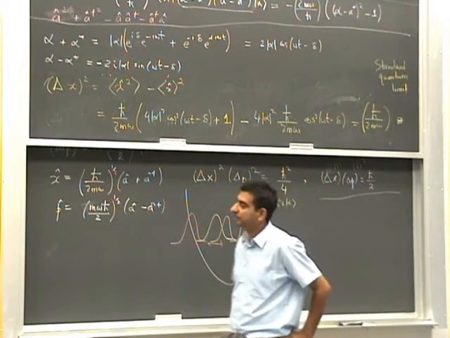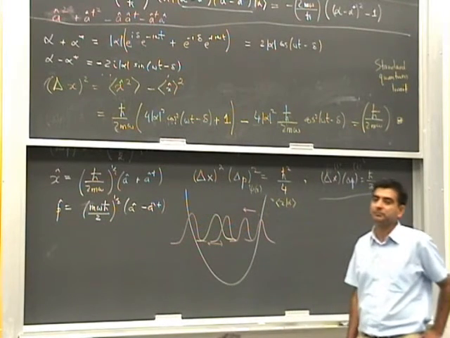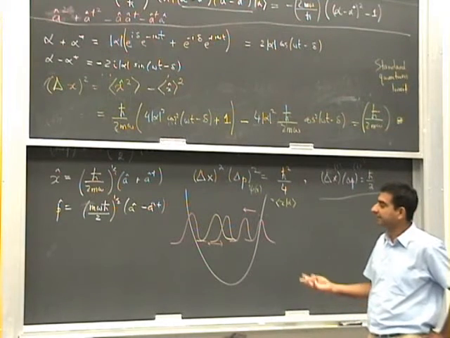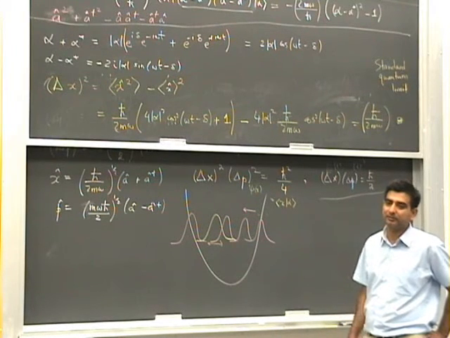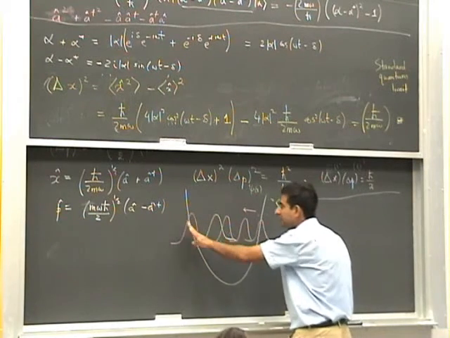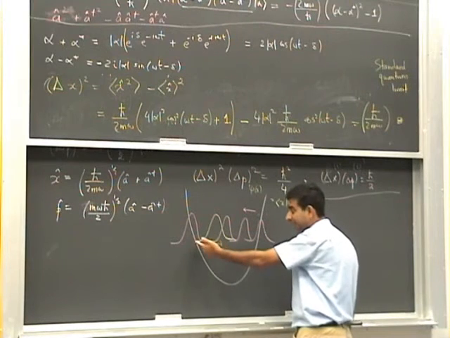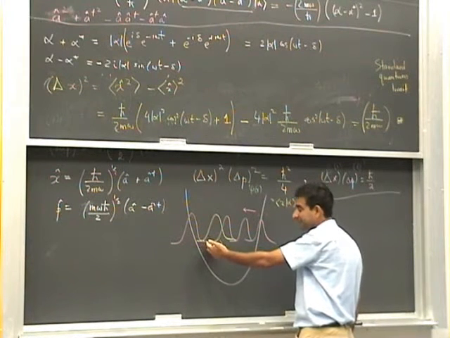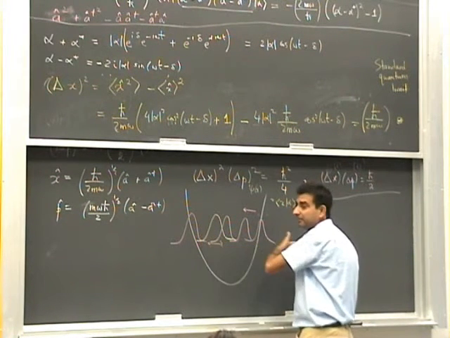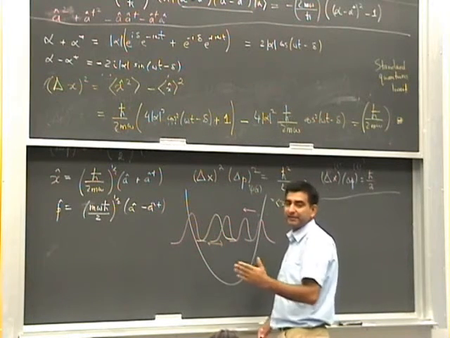The time period of its oscillation is simply given by 2 pi over omega. And it has a certain phase where it starts. So this wave packet is oscillating inside the potential well. This is actually a picture of its time-dependent position. It's oscillating inside the well without any dissipation.